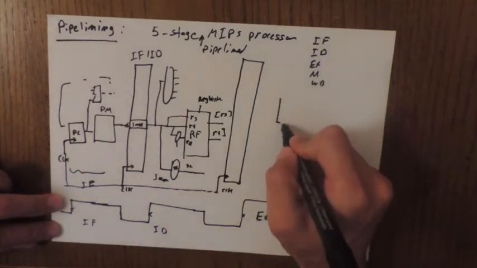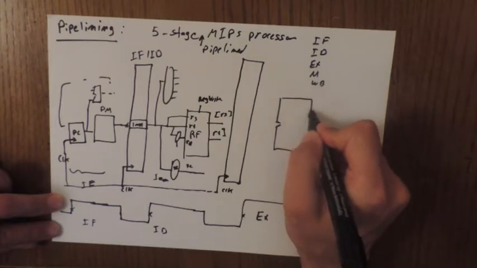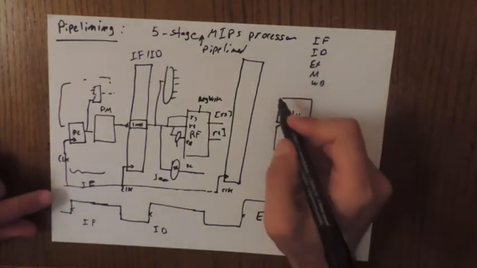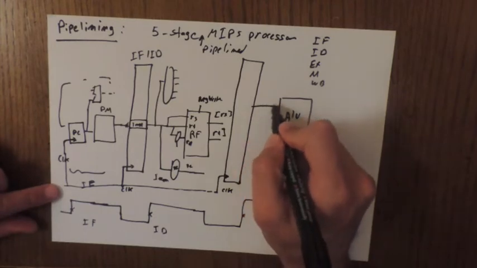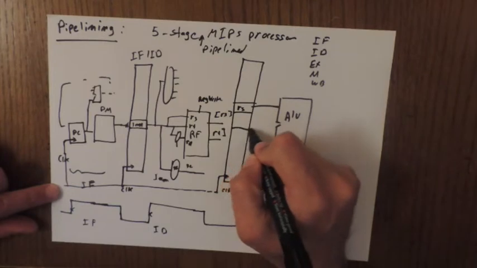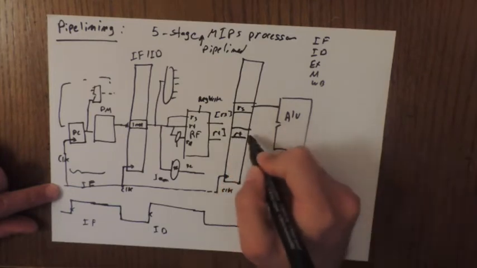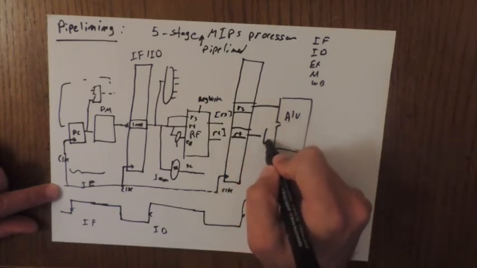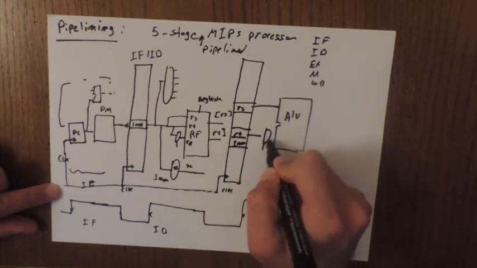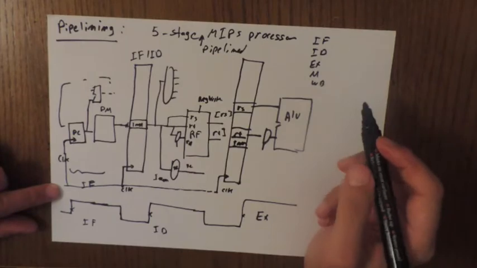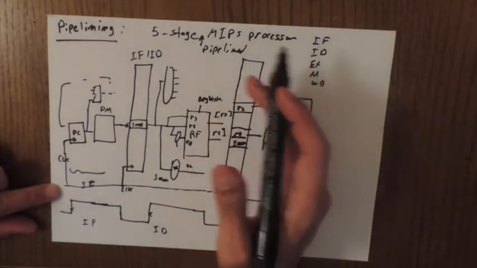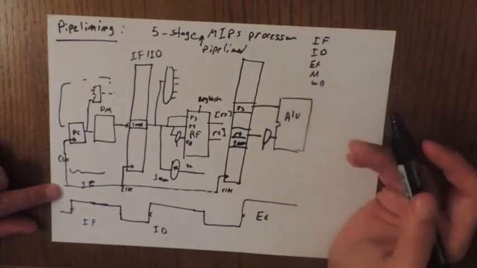Here we have the ALU. So of course what we need is RS, which will be here, and RT, which will be here, and the immediate. Of course with the instruction we need to get all the control lines that we're gonna use later on.